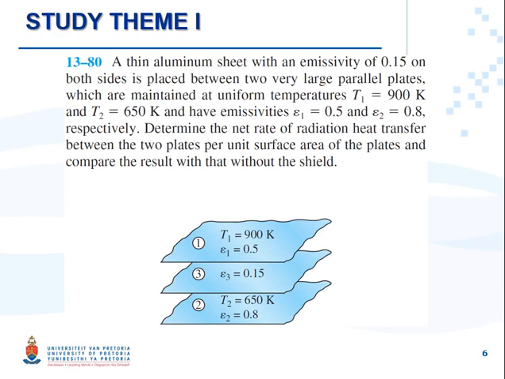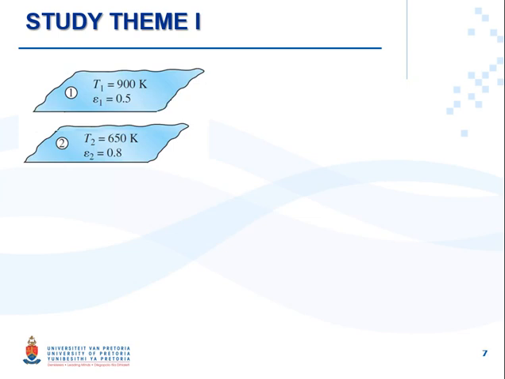Okay, in this case, it's asking for the net rate of radiation heat transfer between the two plates. So first, Q dot 1 to 2 is what is being asked, but at the same time it says per unit surface area.